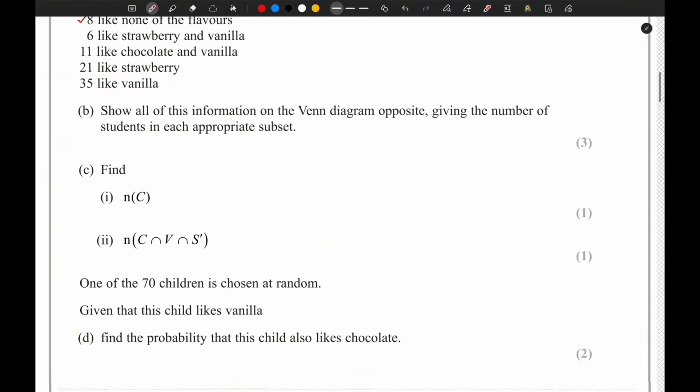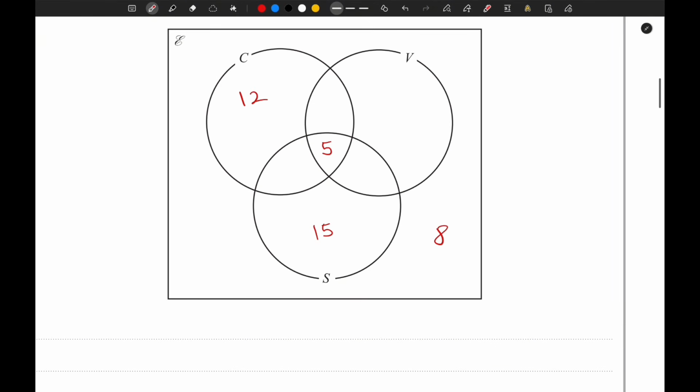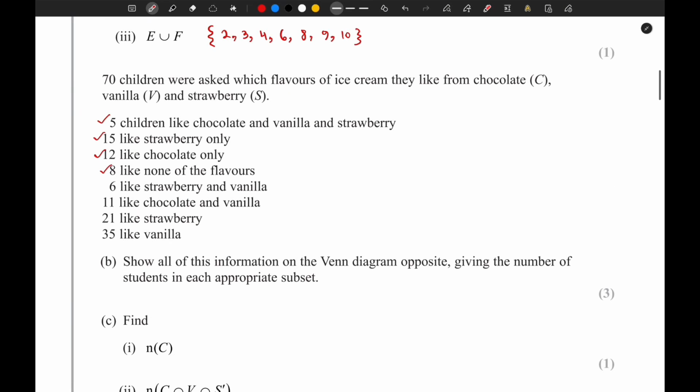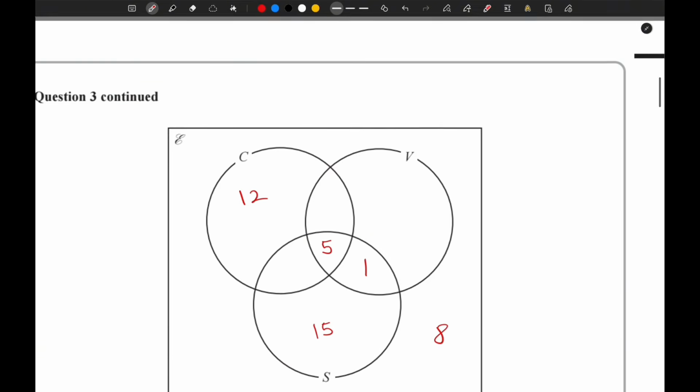6 like strawberry and vanilla. In this region, it says that 6 people like both strawberry and vanilla. So 6 minus 5 will be 1. That is the value for this region. 11 like chocolate and vanilla.